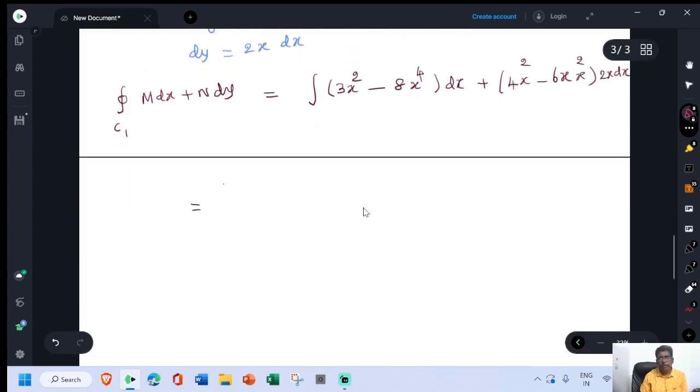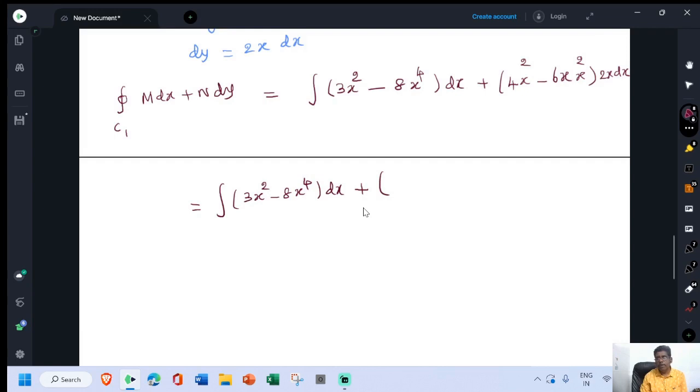This is equal to the integral of 3x square minus 8x power 4 into dx, plus multiply 4x square into 2x, 8x cube.